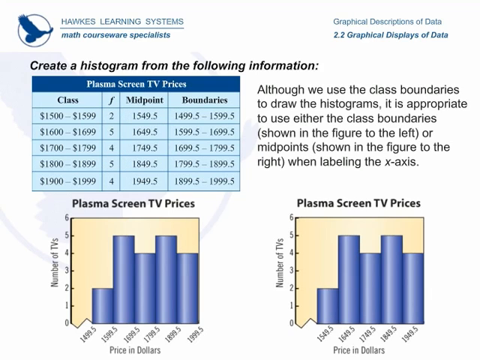So as we take a look on the x-axis of price in dollars, and on the y-axis the number of TVs, which would be the frequency of TVs, we can see that we've got our classes designated, and also we've got our bars created.